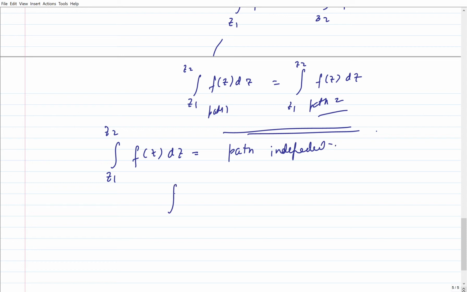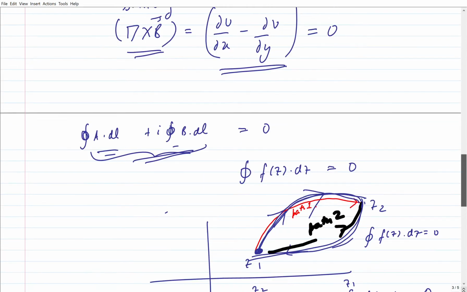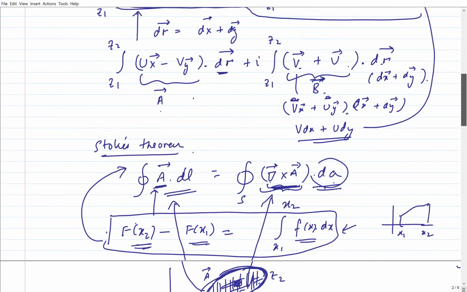And the fact that fz dz over the closed loop was 0, this is known as the Cauchy-Gorsat theorem. So much so for the integrals.